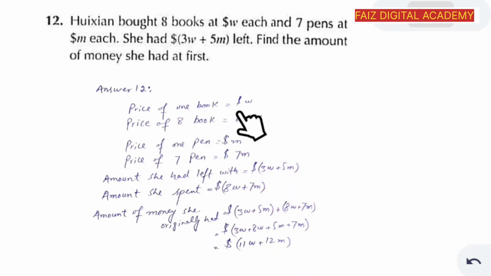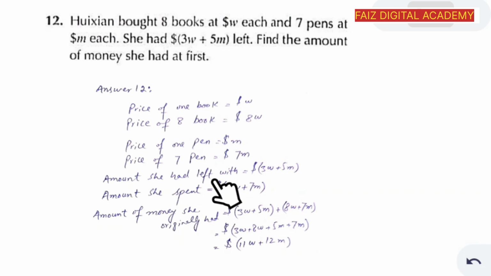The price of one book was W dollars, so 8 books cost 8W dollars. Similarly, the price of one pen was M dollars, and the price of 7 pens would be 7M.